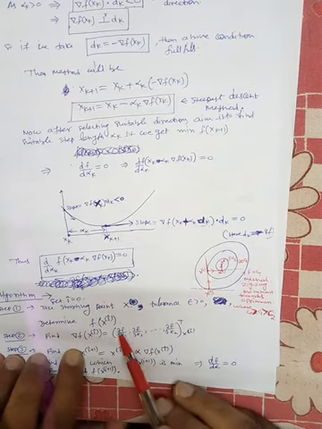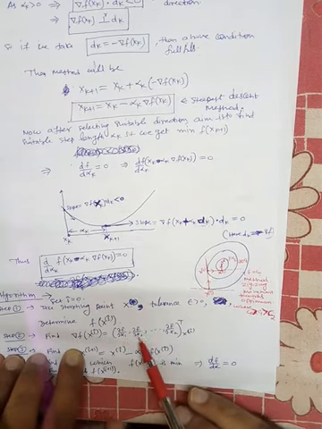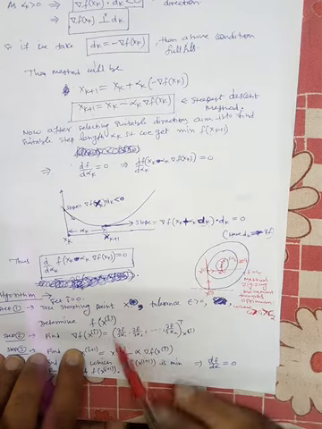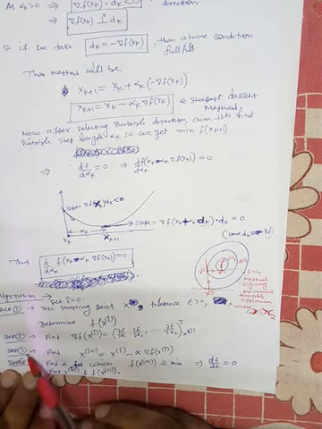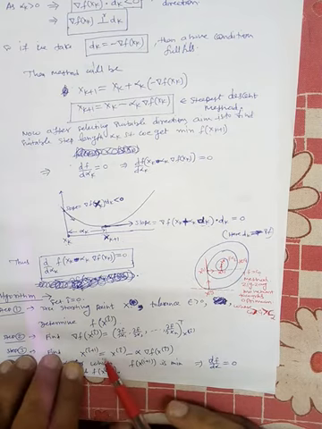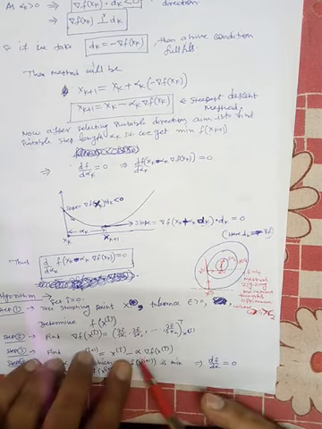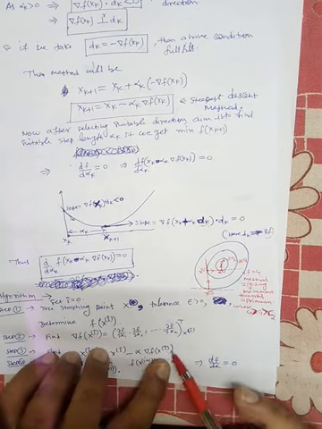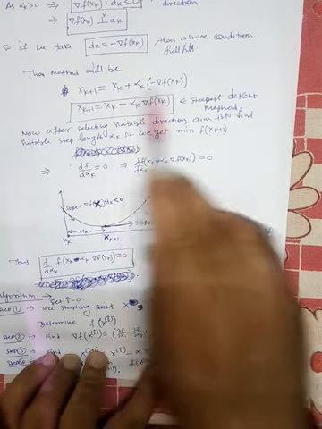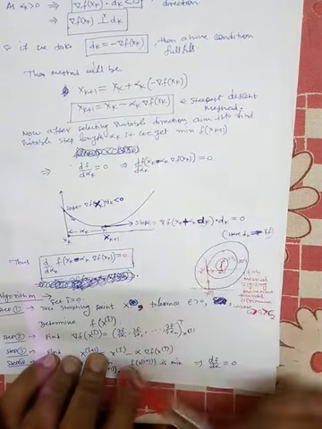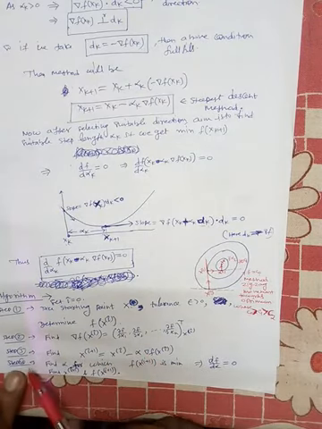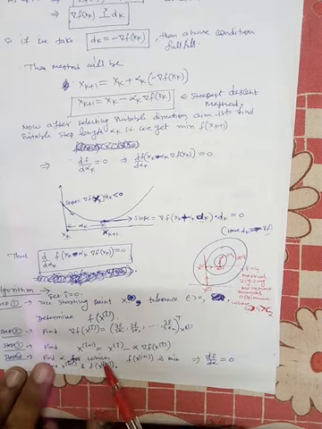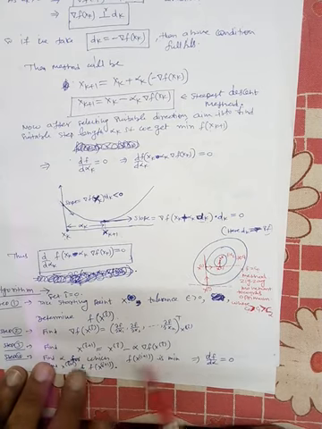The meaning of this is del f by del x1, del f by del x2, and so on, and this is a vector at point xi. Step number 3: find xi plus 1 is equal to xi minus alpha gradient f of xi. We are using this equation. Here, in place of alpha k we are using alpha. Step number 4: find alpha for which f at xi plus 1, that means at this point, is minimum.